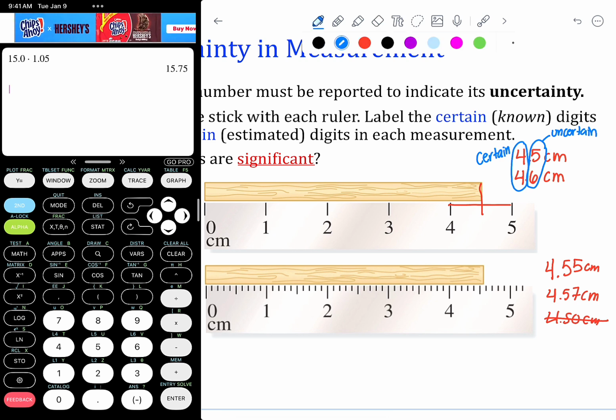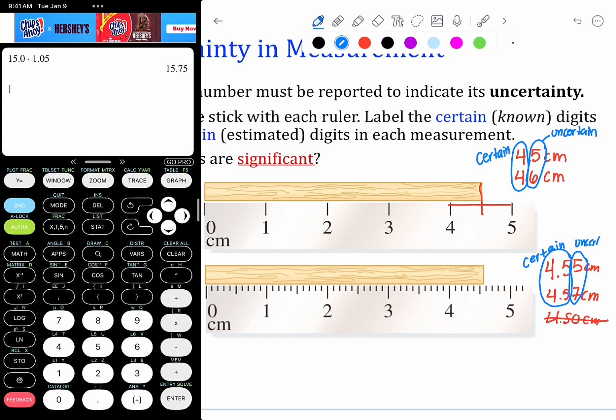So we now have two certain digits. We are completely certain that this ruler is at least 4.5 centimeters. We then have to estimate our last value in order to get our full number.